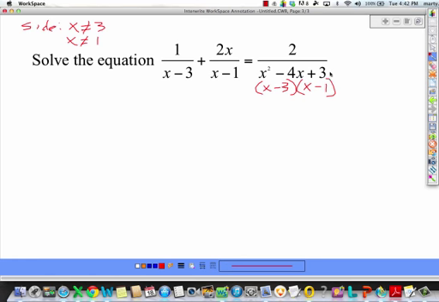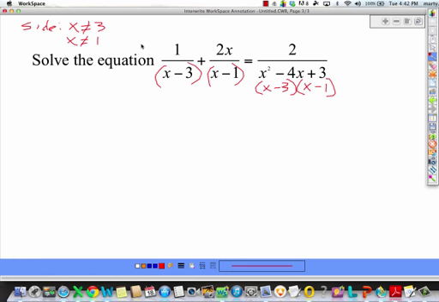That's just the way that they're designed and worked out. So this factors into x minus 1 times x minus 3. What we need to do then is multiply by the greatest common factor of the three denominators. So I'm going to multiply by x minus 1 times x minus 3.